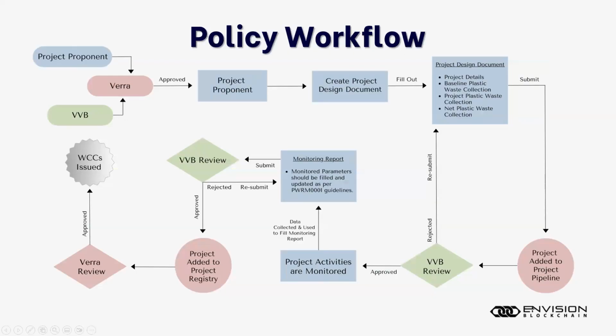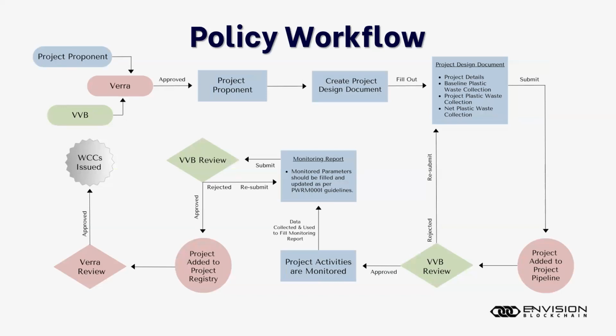Now we can go ahead and look at what a policy workflow looks like, and this is the one for PWRM0001. So we have 3 roles here that have been outlined, like the project proponent, Verra as the standard registry, and the VVB. So once all their accounts have been approved, then the project proponent can go ahead and create the project design document.